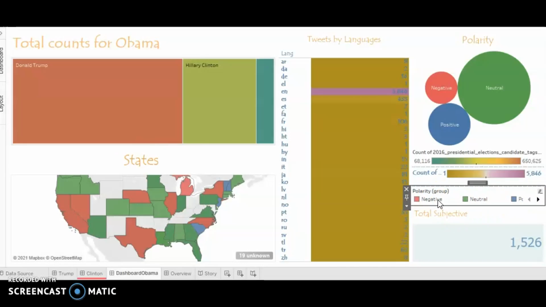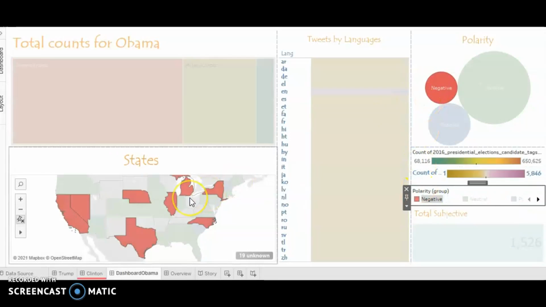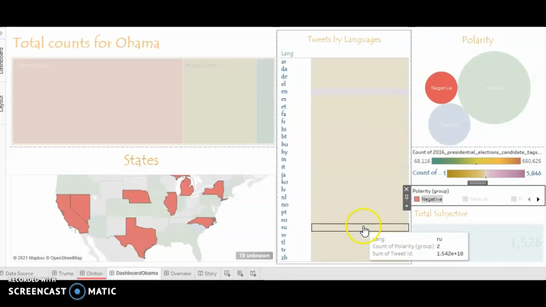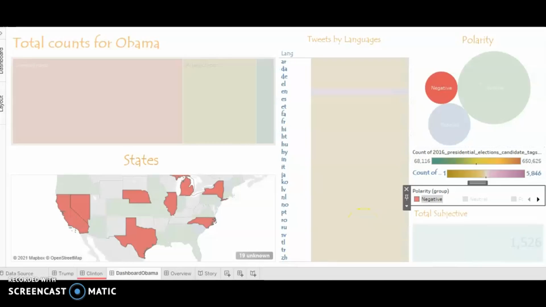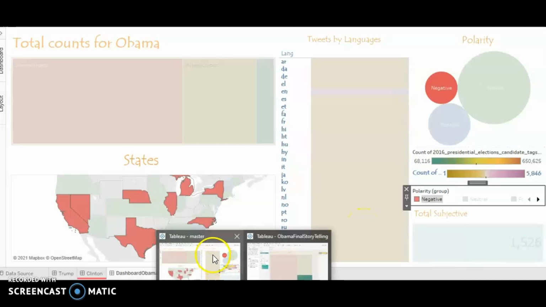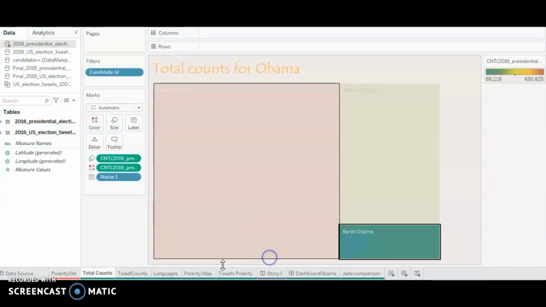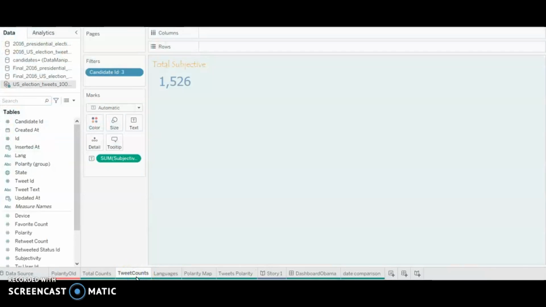You can simply click on the negative one and the dashboard responds to that, and we can get a zoomed-in preview. We can check the total subjective tweets that were made on the ex-president of the United States of America. That was 1,526 subjective tweets made on him.